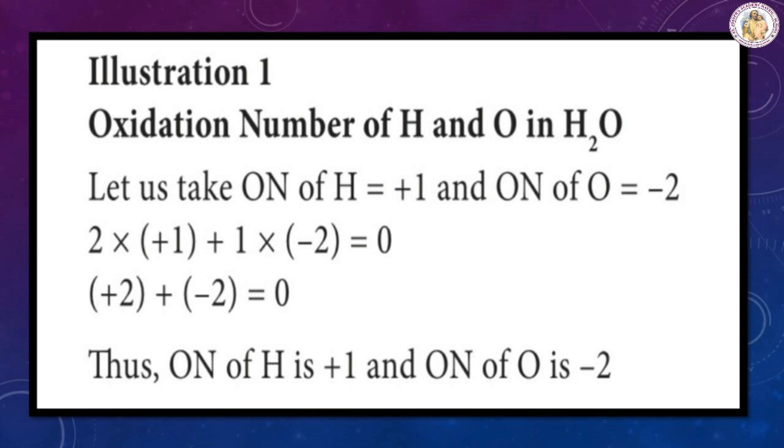So 2 into +1 gives 2, and 1 into -2 gives -2. So +2 plus -2 gives 0. Thus the oxidation number of hydrogen is +1 and the oxidation number of oxygen is -2.